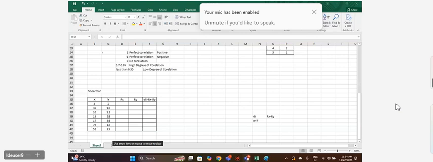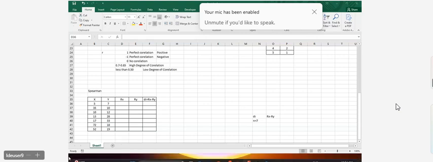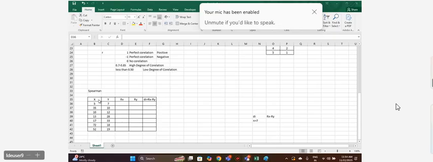So you examine this particular column and see which is the highest value. Which is the highest value here? 72. So this will be given rank 1. Which is the next highest value? 52. That will be given rank 2.